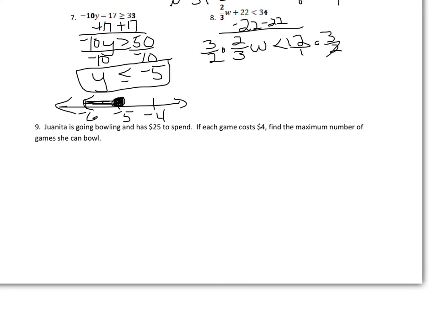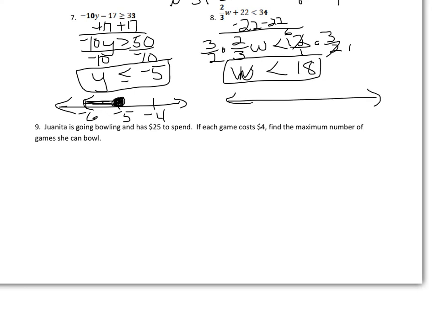All right, we can do some cross dividing, and we get W is less than 18, because we do 6 times 3. When we graph this on a number line, we could go 17, 18, 19. It'll be an open circle on 18 because it's just less than, and W is less than that, so arrow to the left.